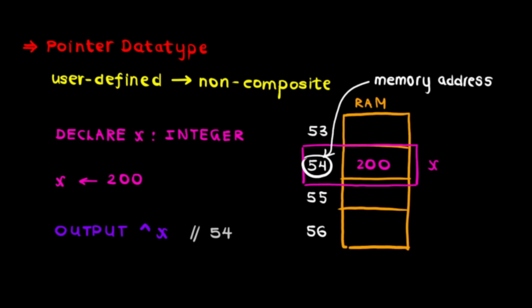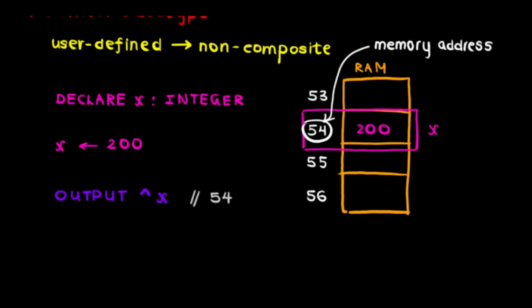Now, outputting memory addresses like this is pretty simple, but our topic is pointer data types, right? So what if we want to store these memory addresses in a particular variable? So can I do something like, can I declare another integer as y maybe?